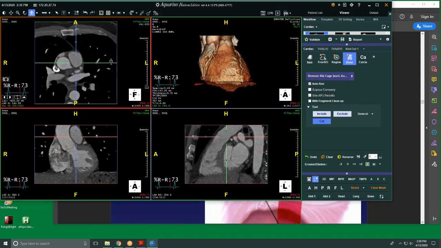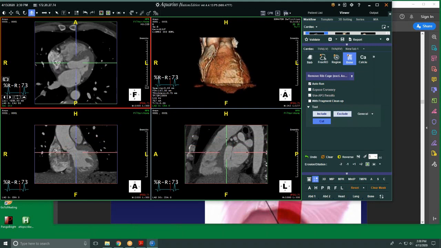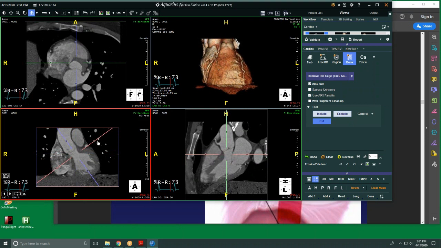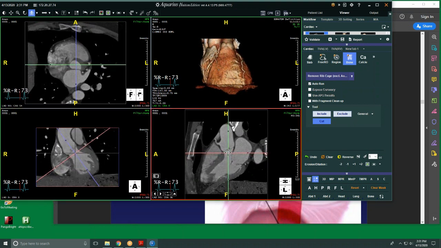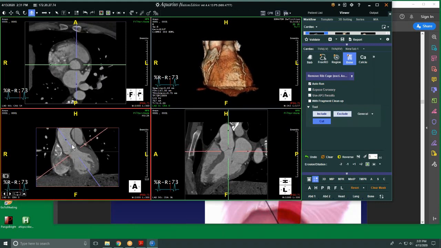And so basically, here's your left ventricle. We call this the aortic outflow tract. Let me just zoom in here a little bit more. So here's your aortic outflow tract right below the level of the sinuses of Valsalva.